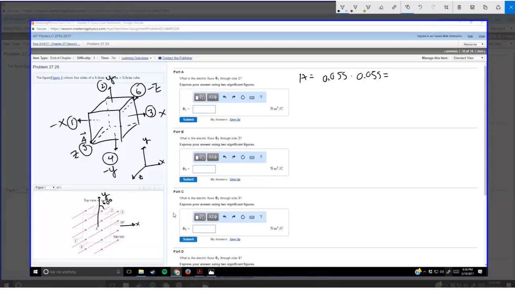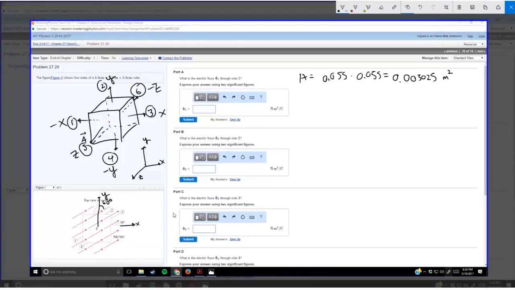Okay, so the area of each face is 0.003025 square meters.